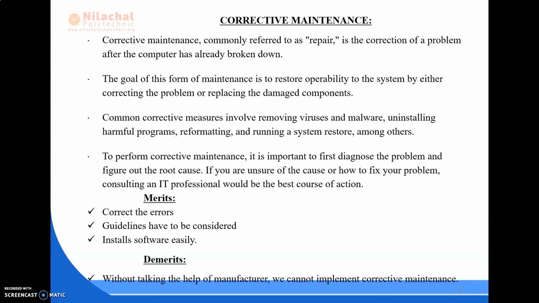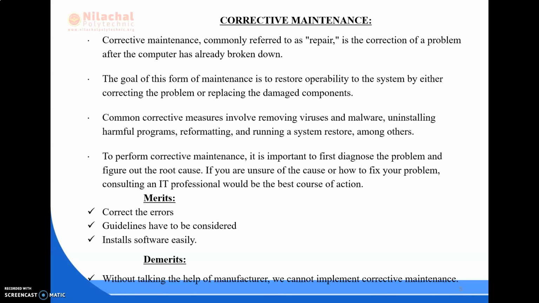The goal of this form of maintenance is to restore operability to the system by either correcting the problem or replacing the damaged components. Common corrective measures involve removing virus and malware, uninstalling harmful programs, and reformatting and running system restore, among others.